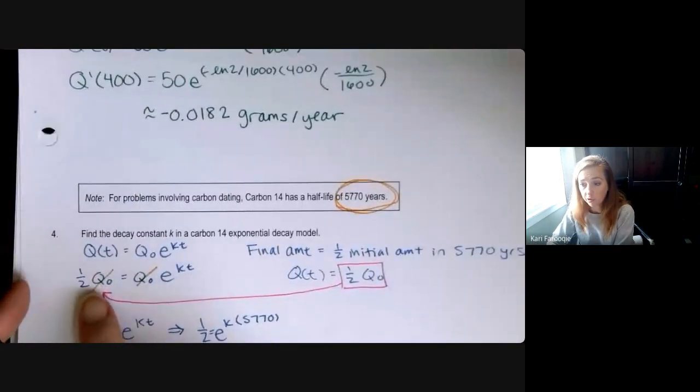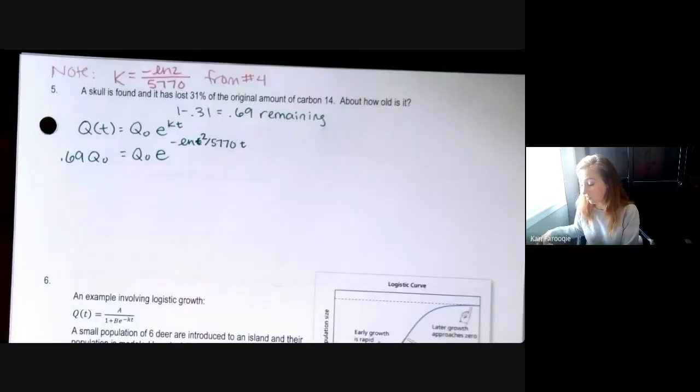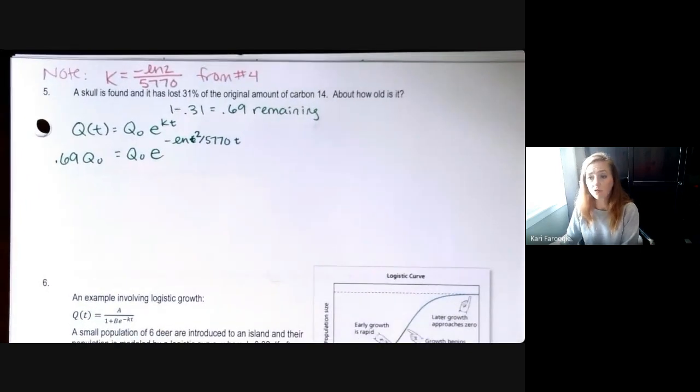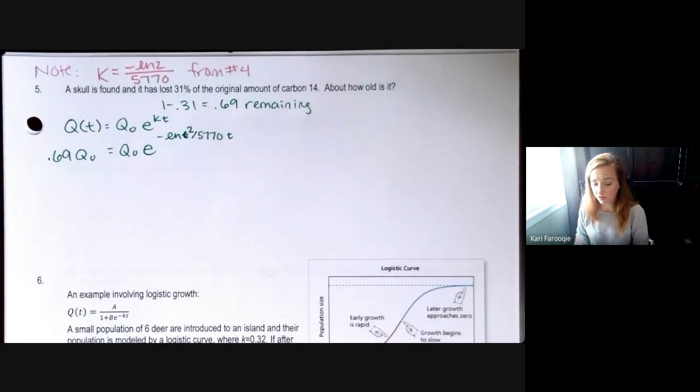We said, okay, it's half the amount at 5770. We're going to do something similar in this case and say 69% of the original amount. Don't use a percentage though. Remember that in math we don't use percents in our functions unless we're specifically told that a value represents a percent. We need to use the decimal.